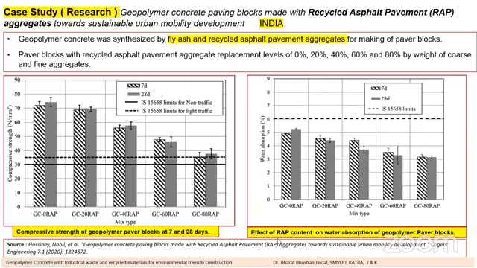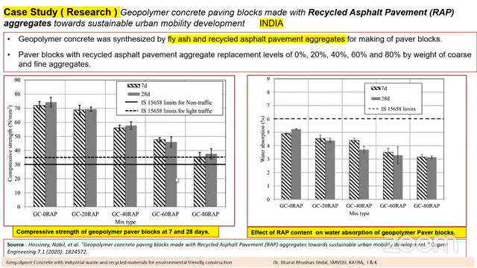The right side graph is the effect of recycled aggregate content on water absorption of geopolymer paver blocks. The first graph is about strength development with the use of recycled waste material, that means recycled aggregates. The water absorption graph clearly indicates it is quite below the limit prescribed by IS 15658. Up to 6% water absorption is allowed, and from this graph it is clearly visible that water absorption has decreased from nearly 5 to 3%.